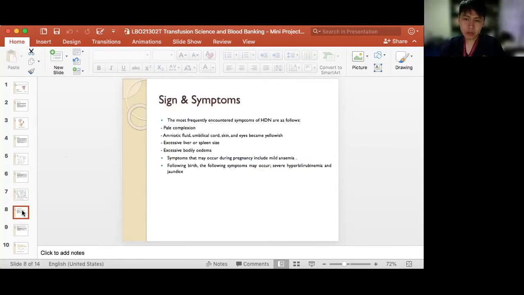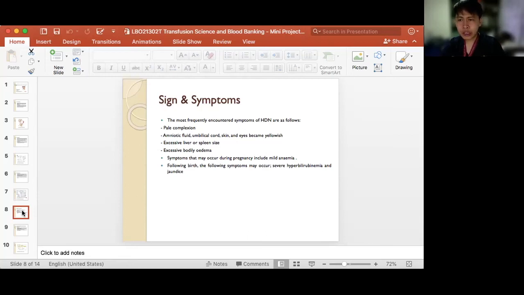Signs and symptoms. The most frequently encountered symptoms of HDN are pale complexion, with the amniotic fluid, umbilical cord, skin, and eyes becoming yellowish, excessive liver or spleen size, and excessive bodily edema.